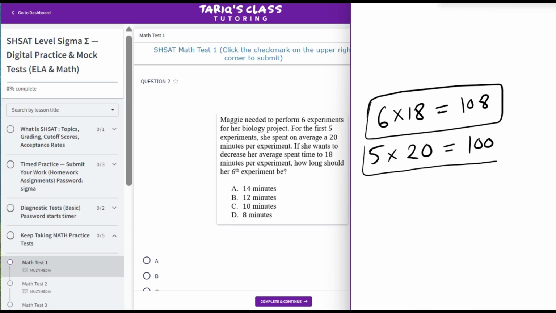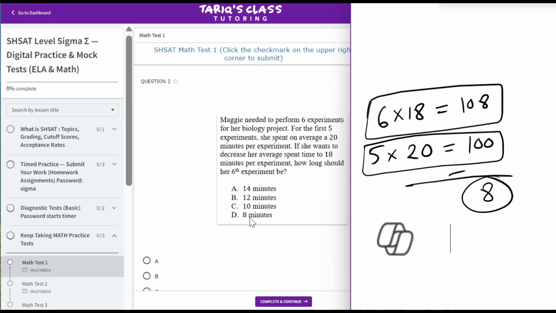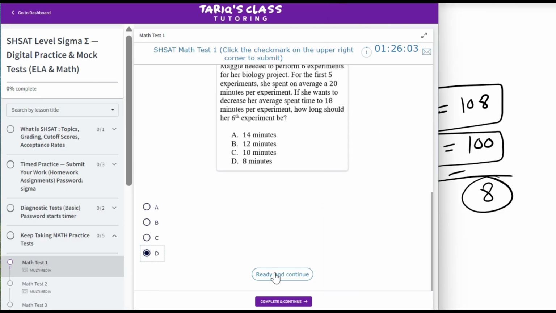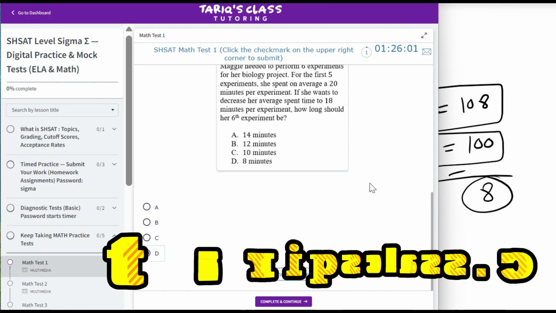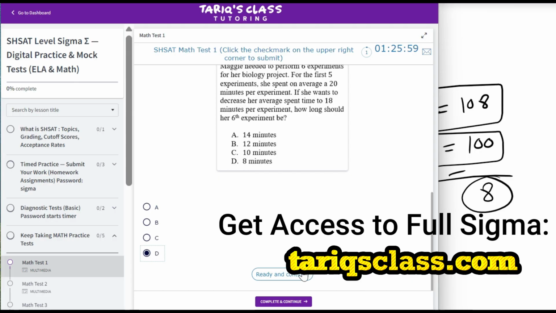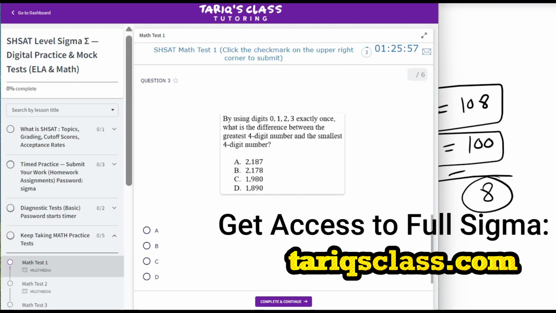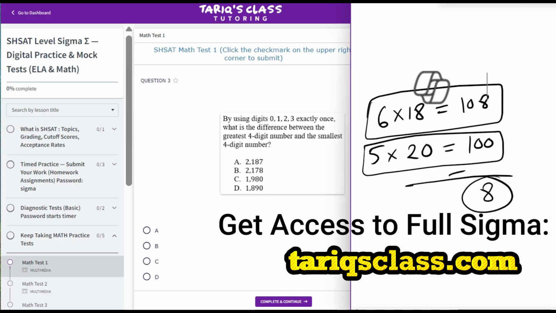And 5 of them is already 5 times 20, 100. So if we subtract, the 6th one has to be 8. So that's option D. All right, so it's already 1 hour, 26 minutes left. So continue. So we're going to be in question number 3.